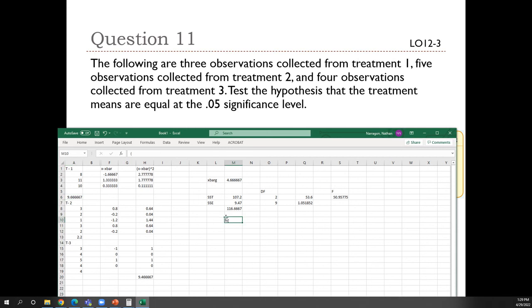So we already have it. So we're going to go equal our treatment 1 mean minus our treatment 2 mean. That's 7.46, so forth and so on. Long number. Okay, so that's 1/2.